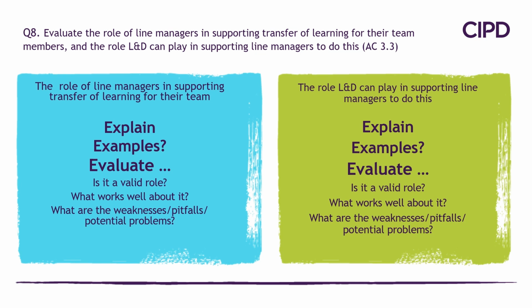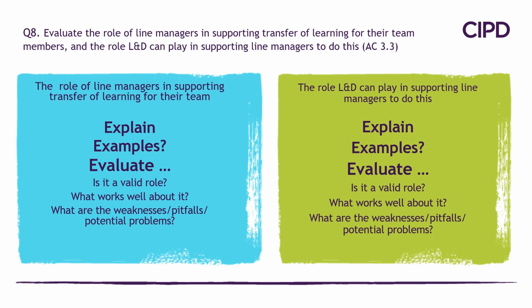I would take them separately and look first of all at line managers and maybe begin by explaining the role of line managers in supporting transfer for their team. How might line managers do this? Give examples. But also, because you have the command verb evaluate, it's important that you actually look at the pros and cons, the strengths and weaknesses of that role.